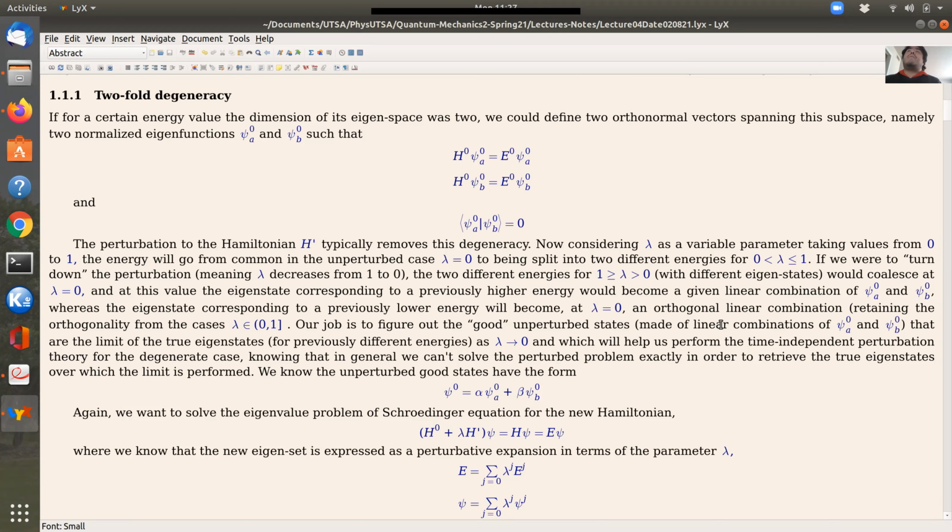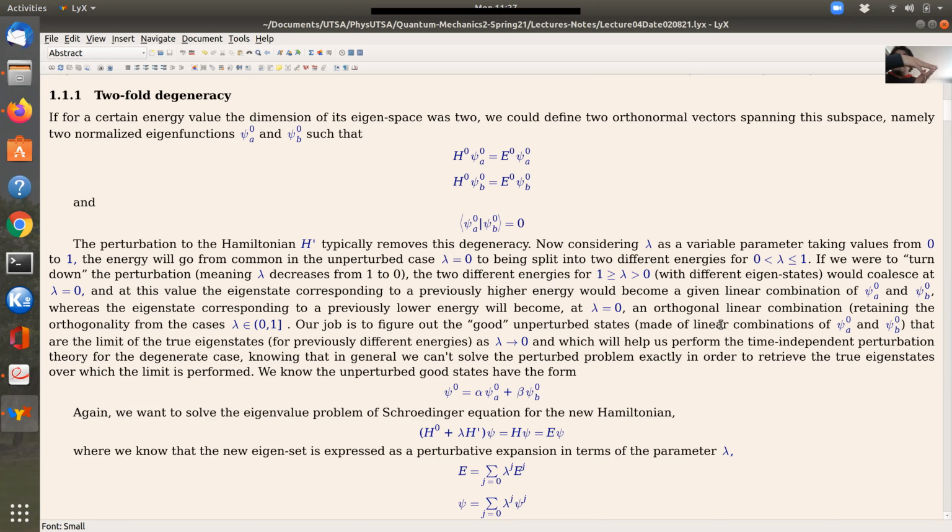Think about it this way. When lambda was not equal to 0, the energy was different. Because you have two different energies, the eigenfunctions cannot be linearly dependent, meaning they cannot be proportional to one another. So the states in the perturbed case were linearly independent, and you want to go to the limit case of lambda equal to 0, where you still retain the linear independence.